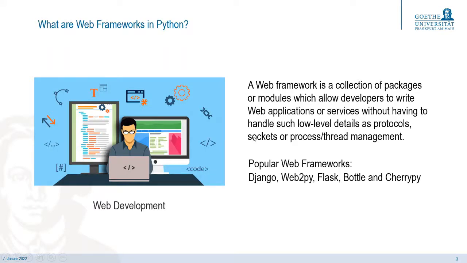Python is a general purpose programming language. We can use it for different kinds of applications, including web development, and a web framework is a collection of modules or packages which helps web developers in writing web applications. With frameworks, we don't need to worry about low-level details such as protocols, sockets, process or thread management.